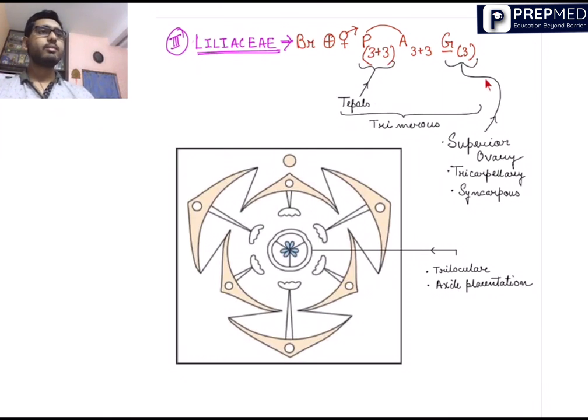So trimerous, there's a connection between perianth and androecium. Gynoecium, it's a superior ovary again, and it's together, so it's syncarpous. Tricarpellary, superior ovary, syncarpous. And it shows that the number of locules is 3 in the floral diagram, and the placentation is axile. So that's all.